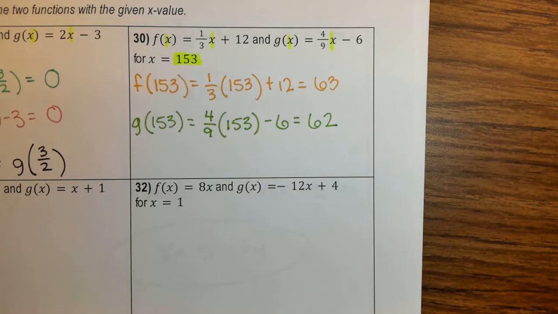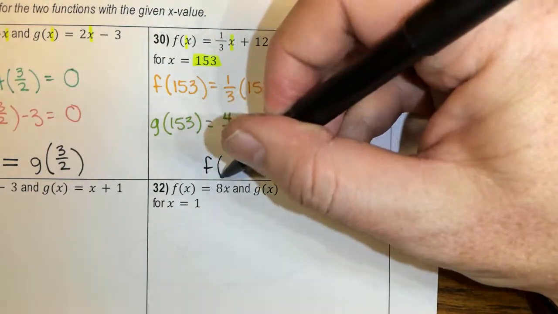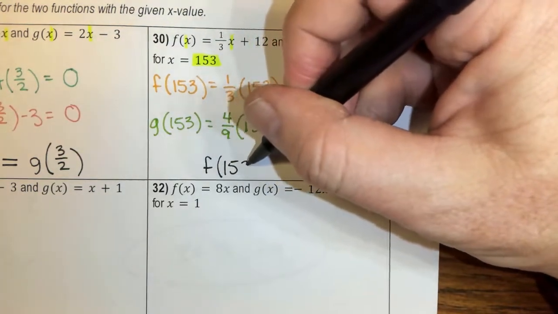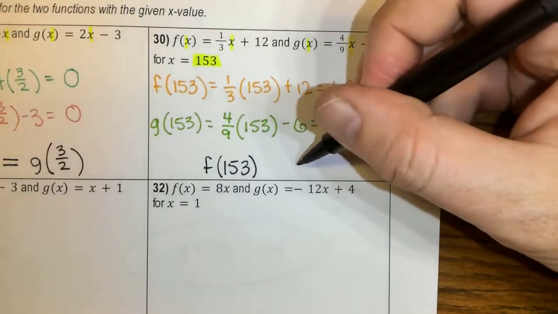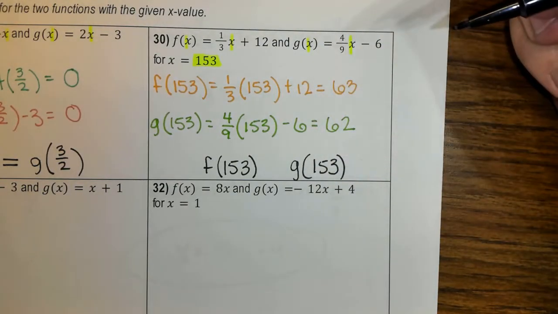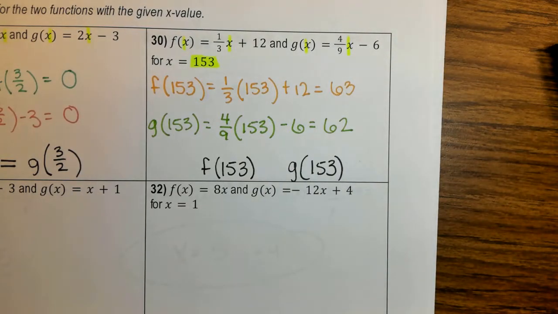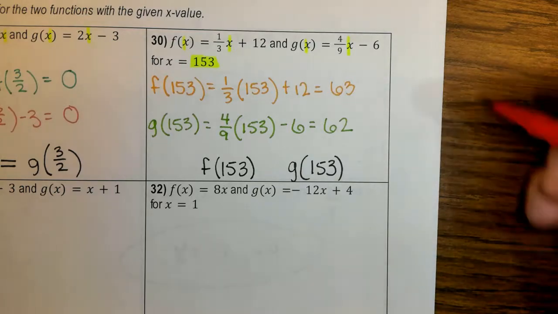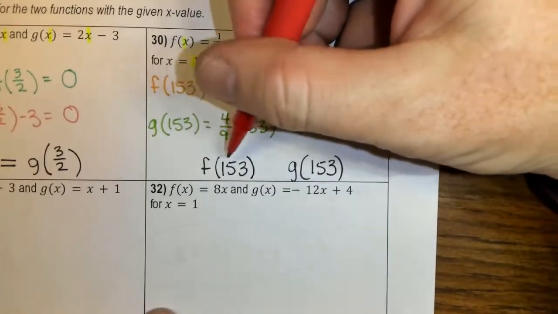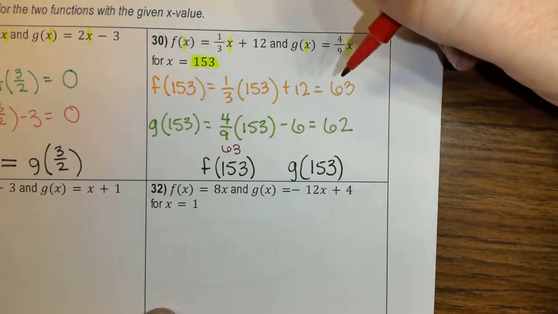Now, my answer, I'm going to go ahead and just write the f and the g first. So I have f of 153, leave a little space, g of 153. Okay, now I'm comparing my answers, right? So on this one, I'll go ahead and do it a little different just to show what I'm doing. And if you need to write this way, this is fine. So above, on f of 153, my answer was 63, right? That was my answer.